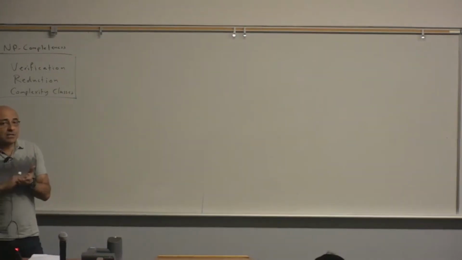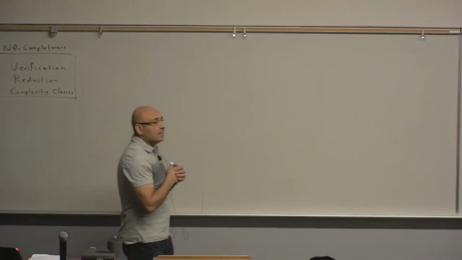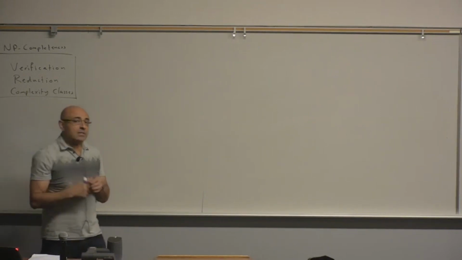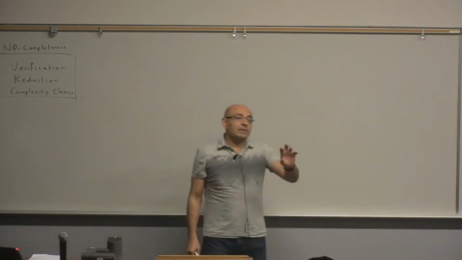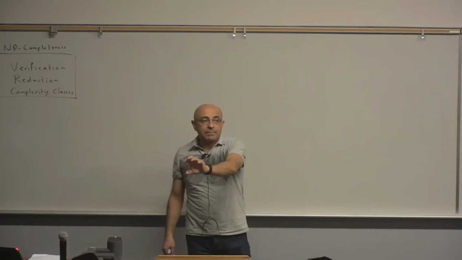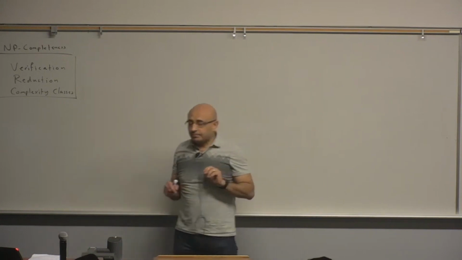So the first concept was an informal definition of NP-completeness. An NP-complete problem is a problem for which there is no polynomial time algorithm that can compute the exact solution to every instance of the problem.